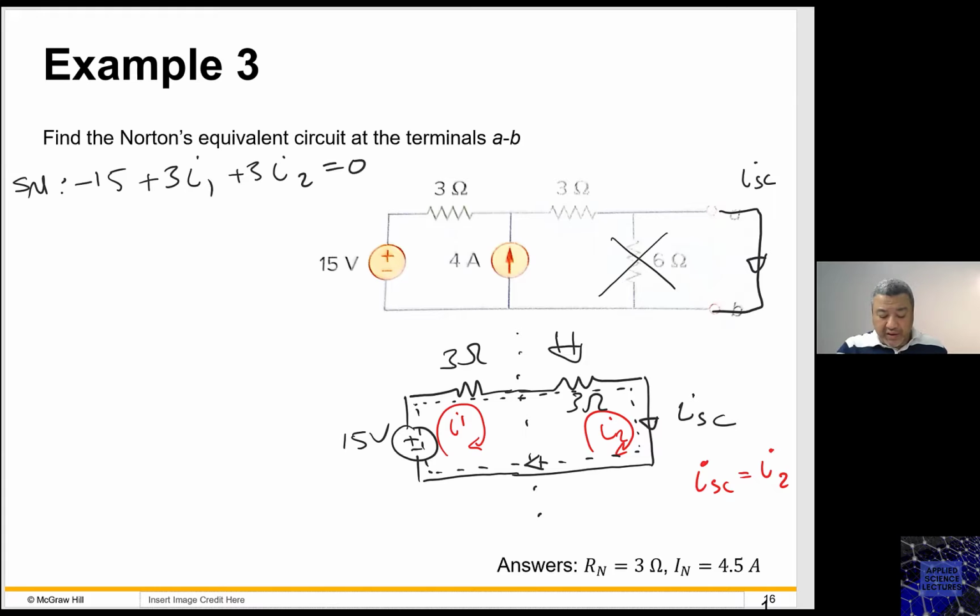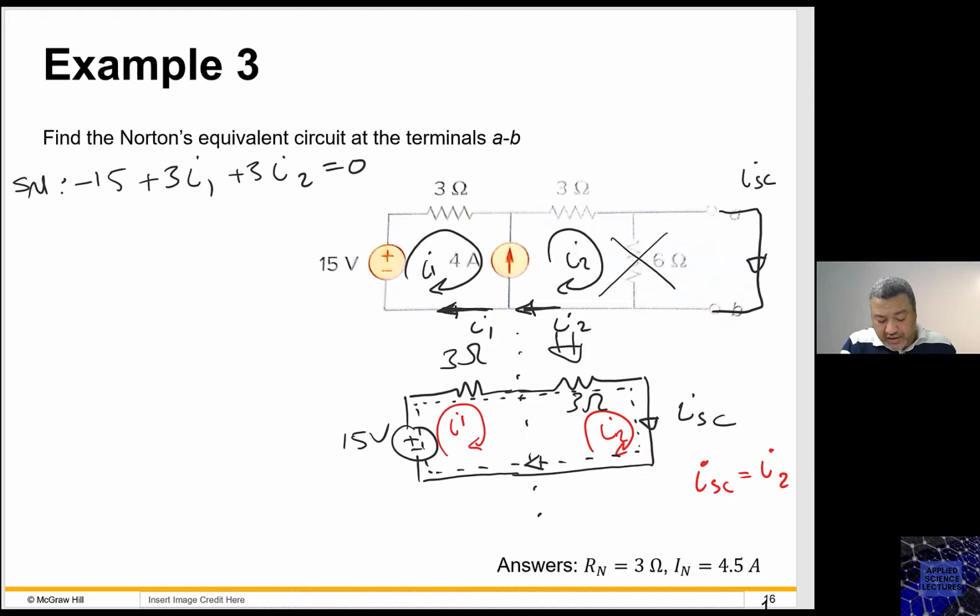Now what is the binding equation? Remember, this is I1, this is I2, right? Which means that this one here is I2 and this one here is I1.